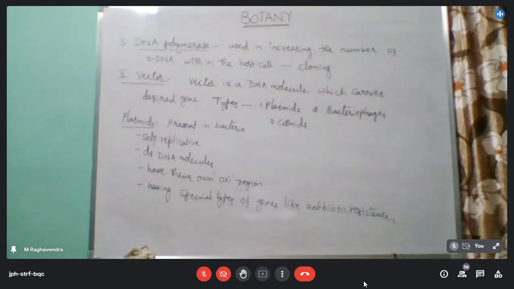But plasmids carry special characteristics, special genes, which are useful for special times, not every day.